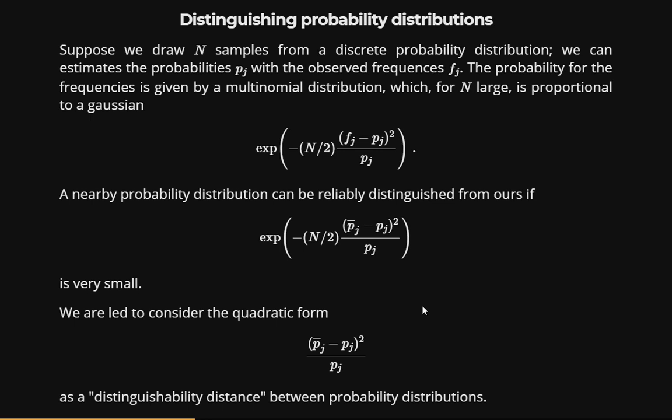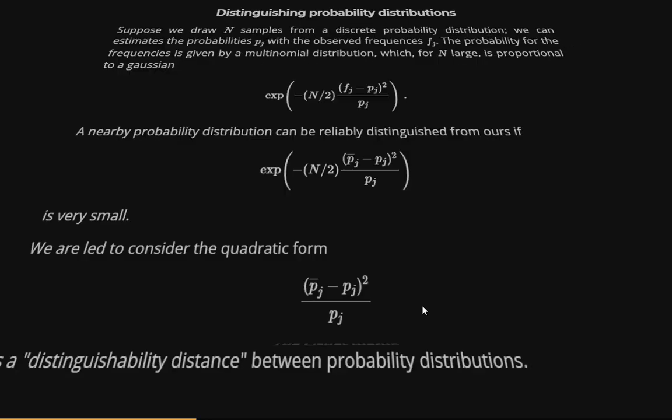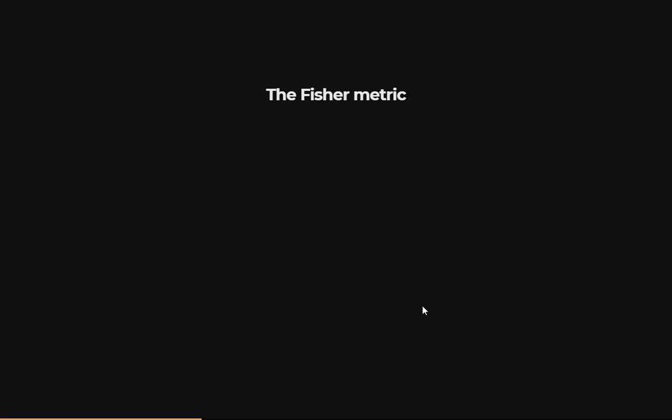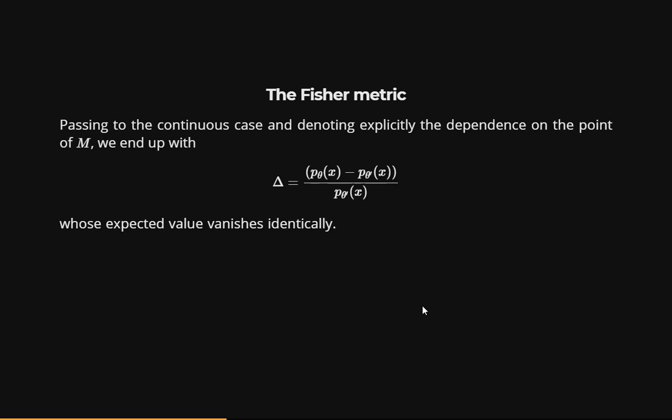If you pass to the continuous case, not really the limit, but if you do sort of the same reasoning on the continuous case, this time in terms of the parameters, I don't want to be very specific on this. You end up with this thing which is really similar to the other.